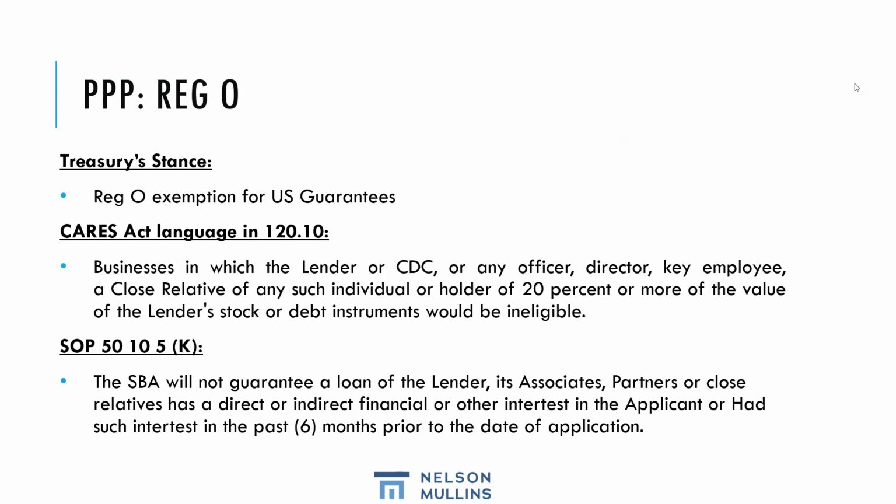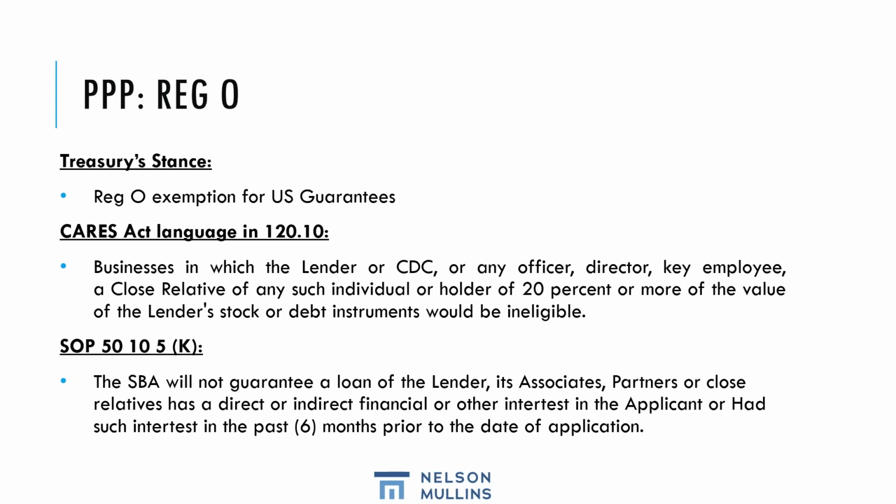Another thing we're seeing questions from banks on is the Reg O issues. So just from a high-level overview, we've heard from multiple sources that Treasury's stance here is that the Reg O exemption for U.S. guarantees applies, and Reg O will be largely inapplicable to the process. I've had confirmation of verbal assurances from Treasury saying that loans to directors are okay.